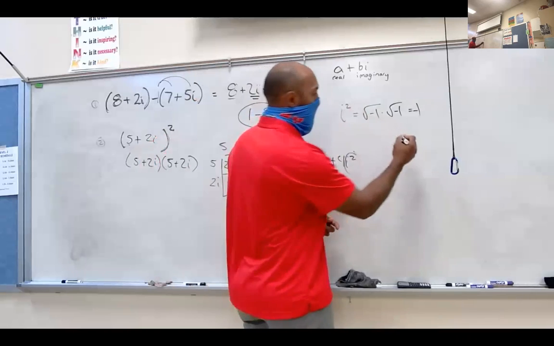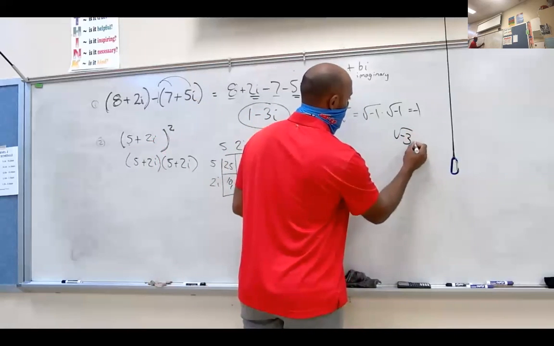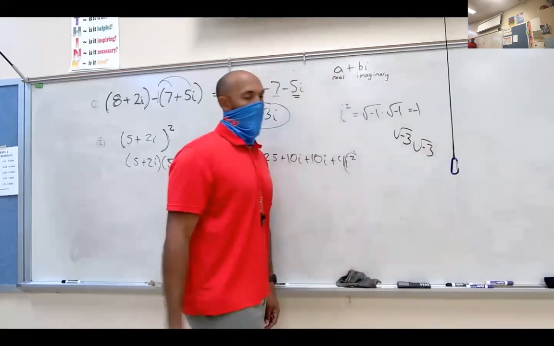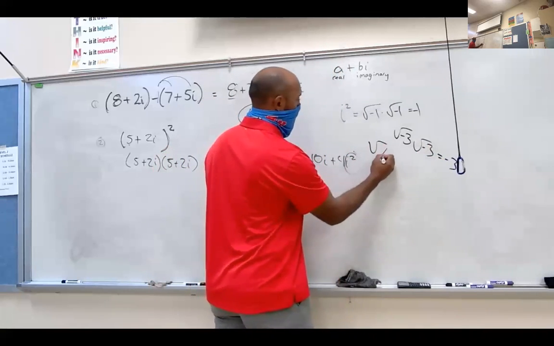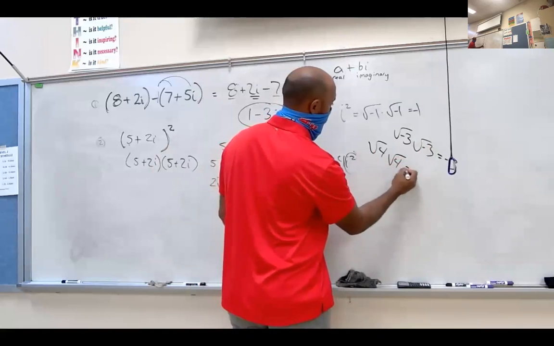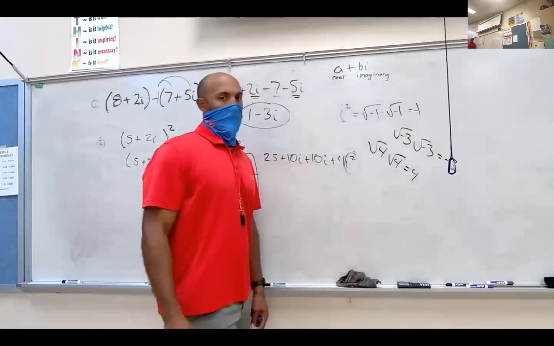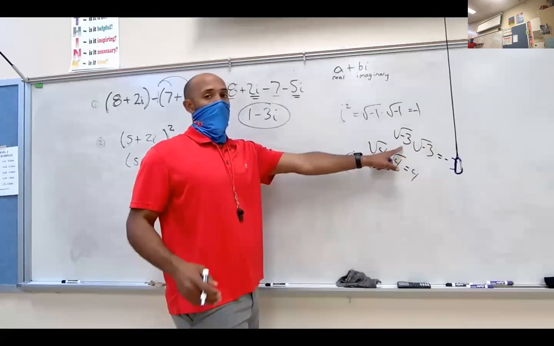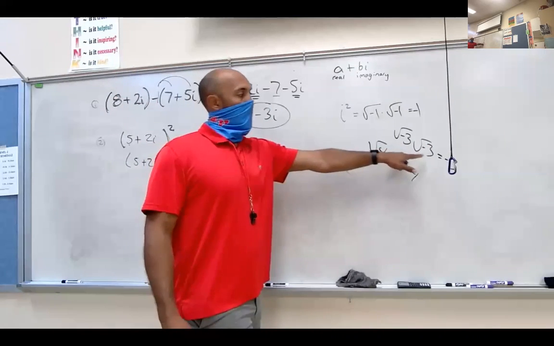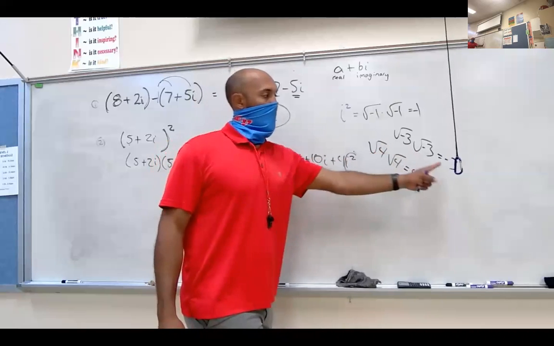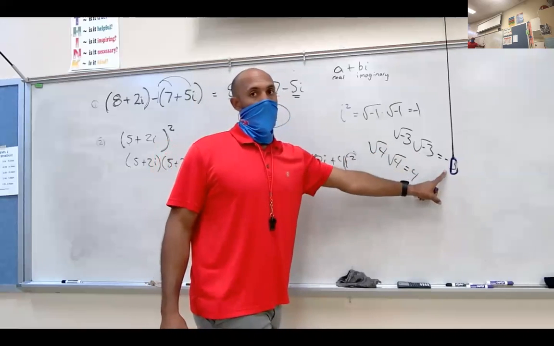The reason being, if I had, let's say, square root of negative 3 times the square root of negative 3, that's equal to negative 3. Square root of 4 times the square root of 4, it's equal to 4. Okay, so that number inside, which is called the radicand, or just the number inside the root, if I multiply it twice, it just cancels out and becomes that number.